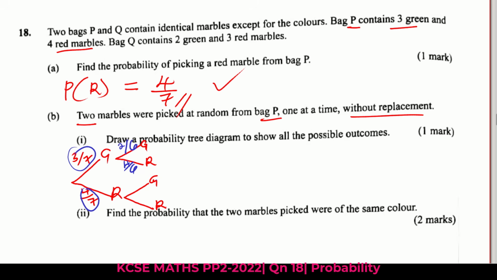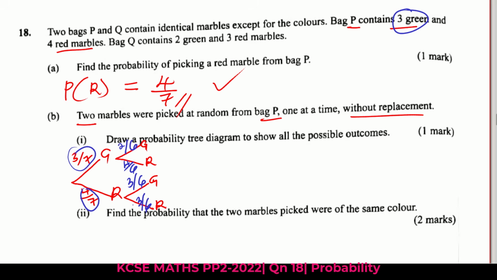So the greens will remain 3, because in that branch, this is where you have red. So the greens are not affected. So you have 3 divided by 6. Since this is the second pick, from 7 you pick 1, you remain with 6.